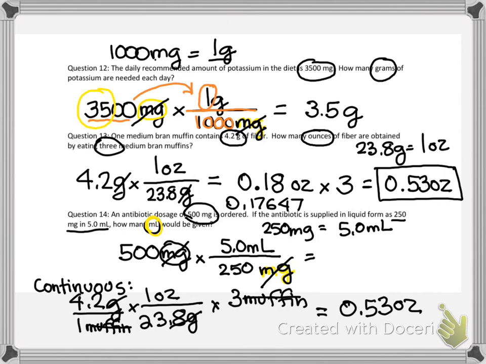So then to find my answer, I would say 500 times 5, and then divide that by 250. And I get 10 milliliters. So the number of milliliters that would be given is 10 milliliters. If you've ever had to do things in the doctor's office before, you might know that 1 teaspoon is the same as 5 milliliters. So if you had a 10 milliliter dose, that would be 2 teaspoons of the antibiotic.